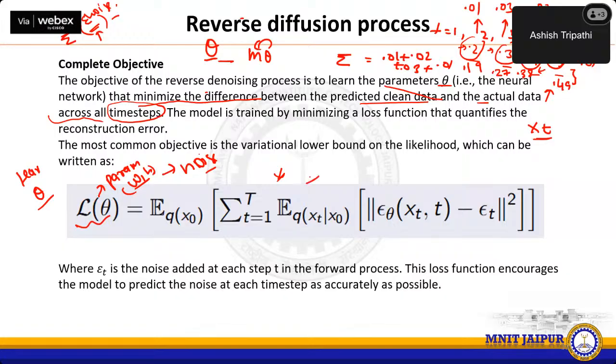It is also not fixed which loss function you are going to use. But in this case, because this is a regression kind of approach, the most common objective or loss function is the variational lower bound on the likelihood. This is written like this.